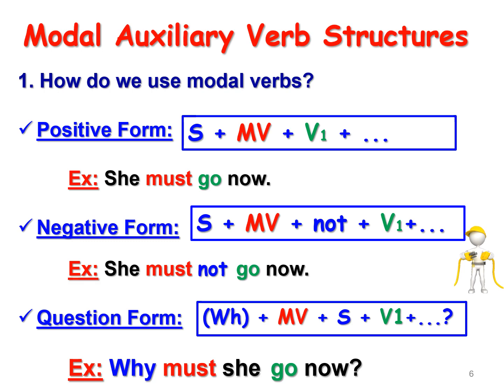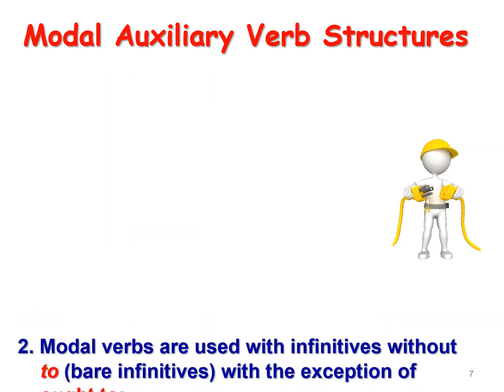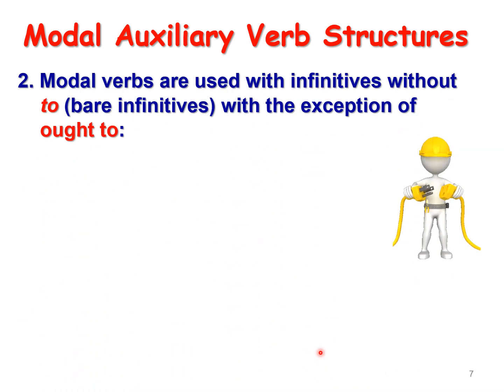Okay, move to the next slide. Part number 2, we will focus on modal verbs, which are used with infinitives without to, or we can call them bare infinitives, with the exception of ought to.